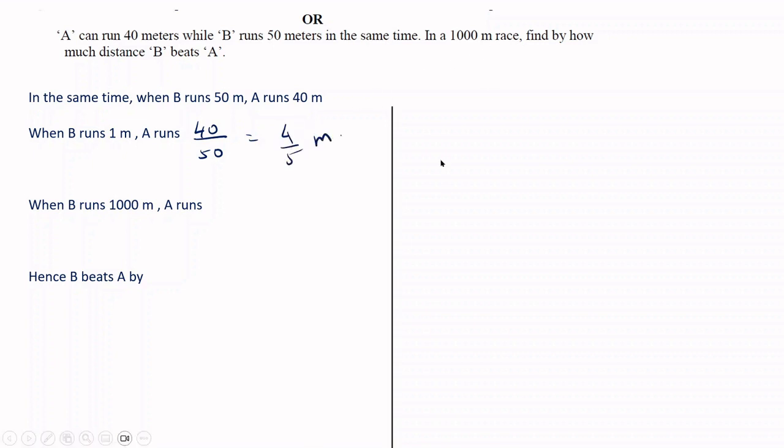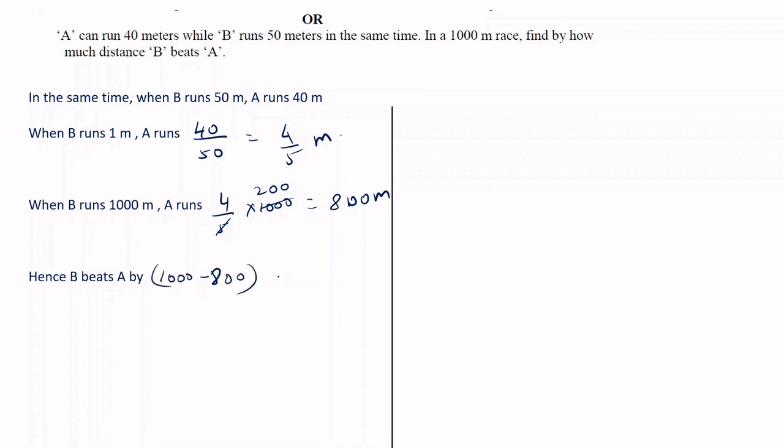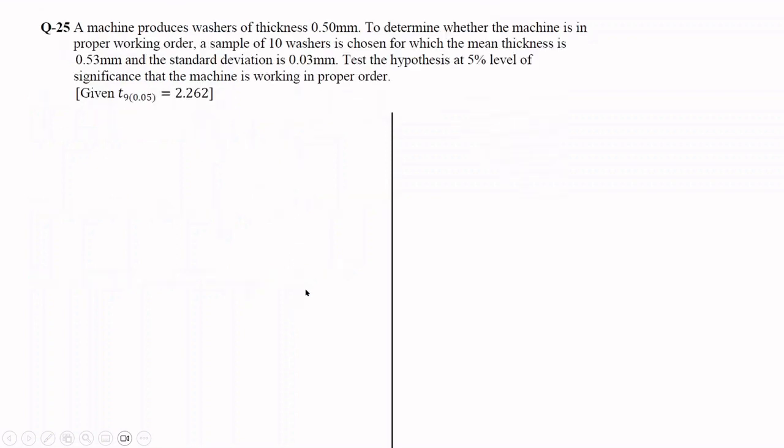So in a 1000-meter race, when B runs 1000 meters, A runs 4 by 5 into 1000, which is 800 meter. So hence we can see that B beats A by 1000 minus 800 equal to 200 meter. Here each step carries half mark, so a total of 2 marks for this question.